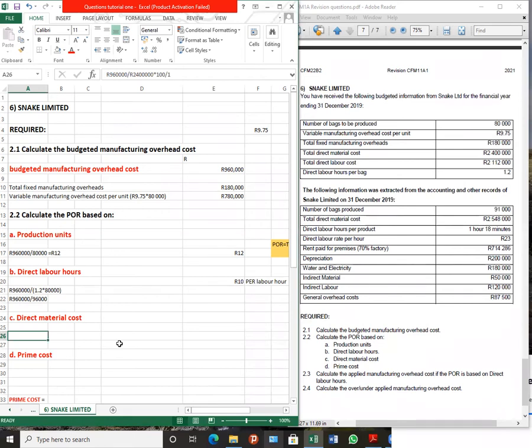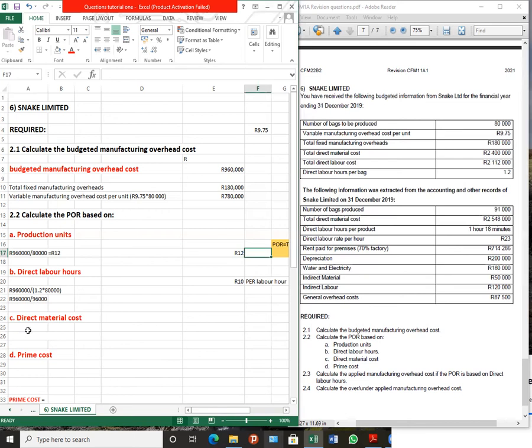If you can check here, guys, our budgeted base is not cost, it is in units. Here is hours, here is in units. That is why we get 1 rand per watt, 12 rand per production unit produced, 10 rand per labor hour, because our budgeted base was in hours or units or volume.